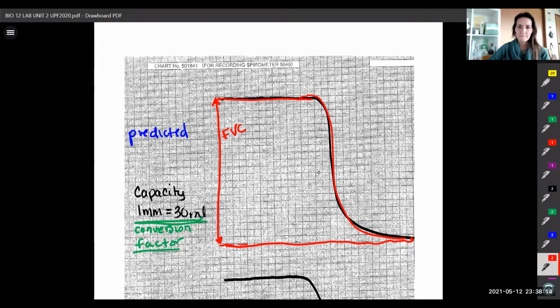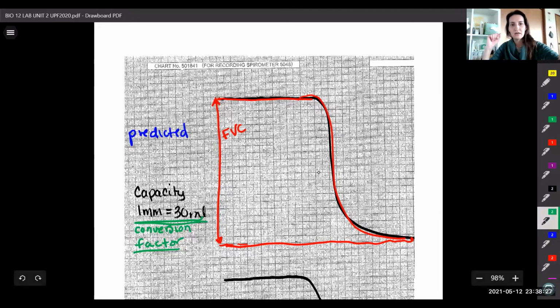Now be aware that on the exam, the picture that I give you might be set up like a graph. And by graph, I mean it might have an X and a Y axis because it was, for instance, drawn in Excel, right? So you'll see a line here and here.